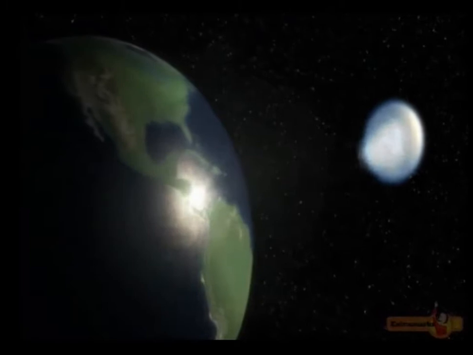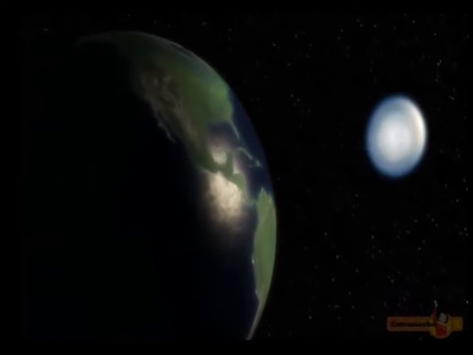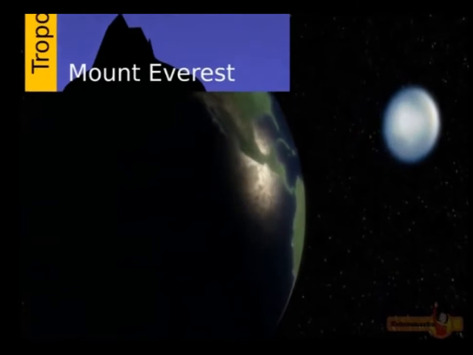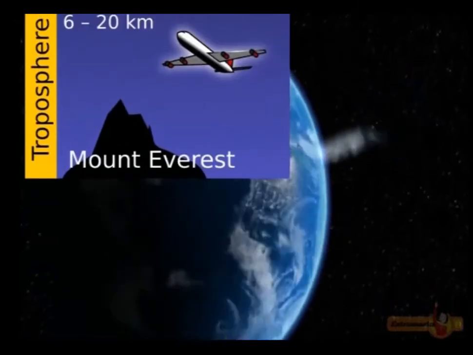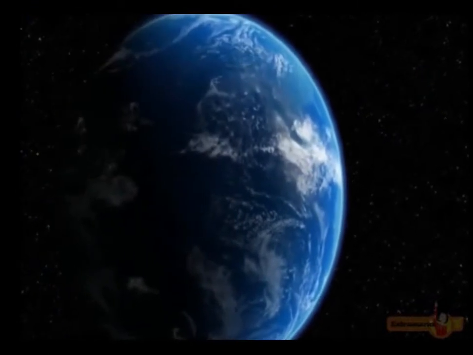However, the atmosphere plays an important role in preserving life on the planet, and without it, our Earth would be just another barren planet. For all life forms, the troposphere is the most crucial layer of all. In fact, approximately 80% of the total mass of the atmosphere is concentrated in the troposphere.